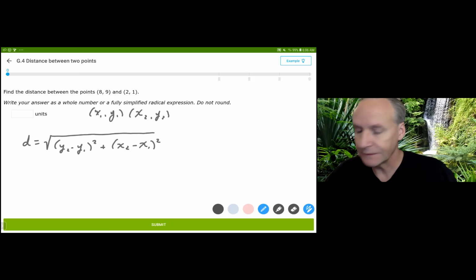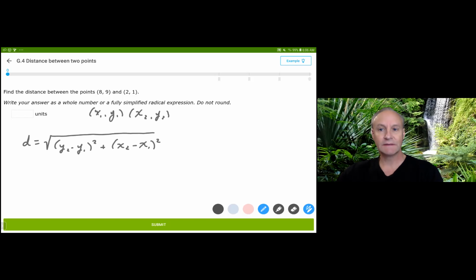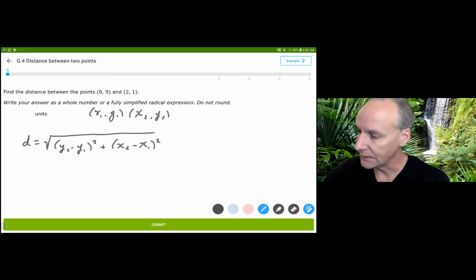Now, if you were to look this up in the textbook, you're going to see that they start with the x's first. The reason that I start with the y's first is because the slope formula is y2 minus y1 over x2 minus x1.